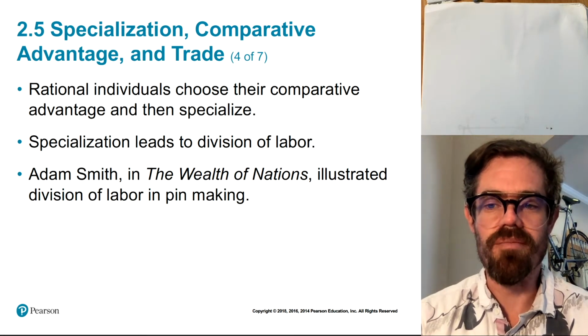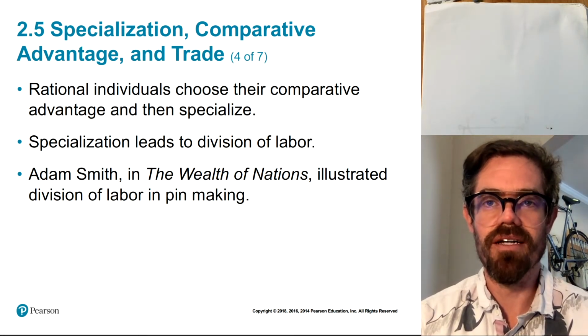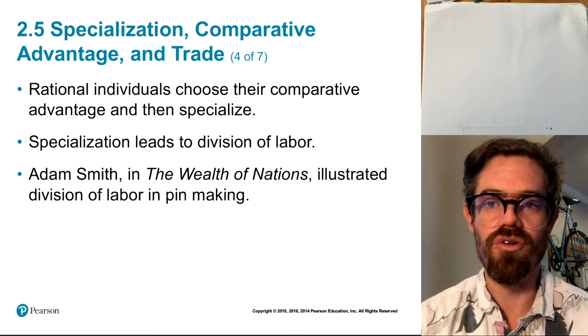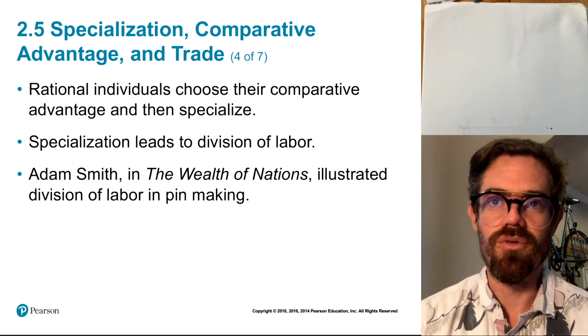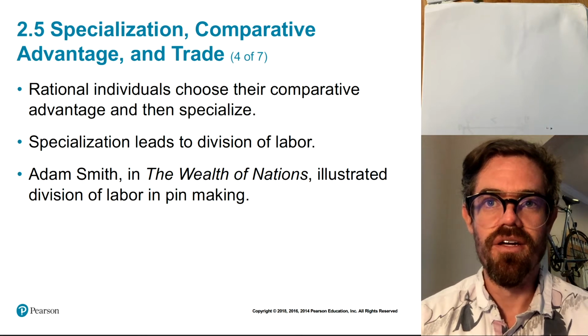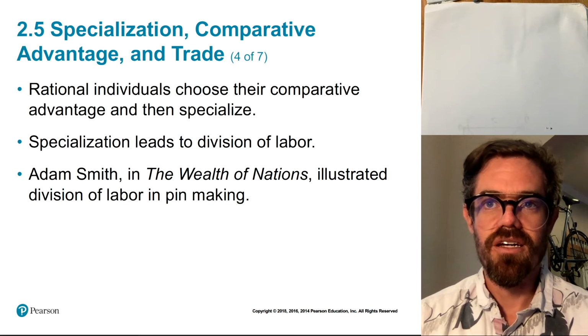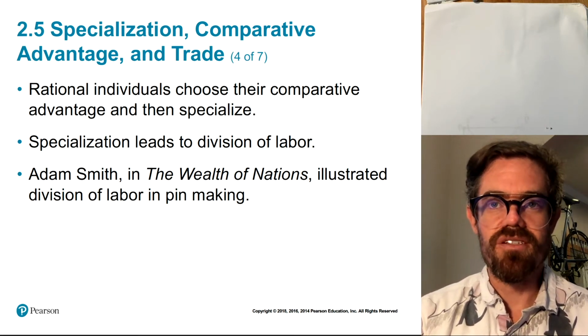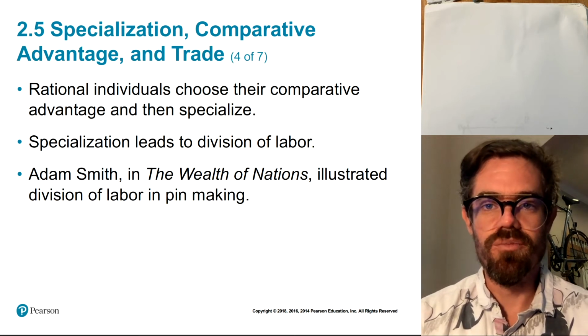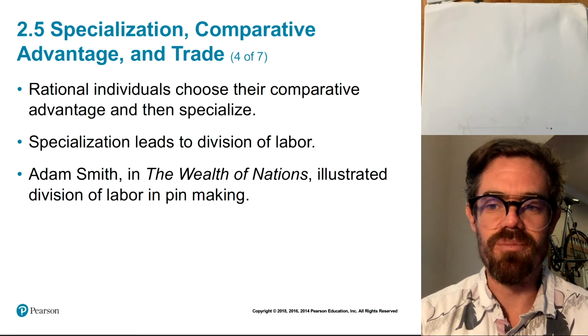So one employee might mount a tire or a wheel, and another employee would install the radio. Another employee would install the dashboard. Another employee would install the seats, and so on, right? And what this allows is basically for each individual employee to get really, really good at what they do so that they can do it at a very low opportunity cost.